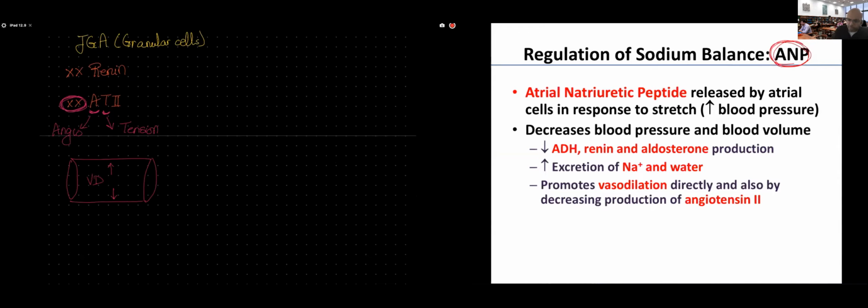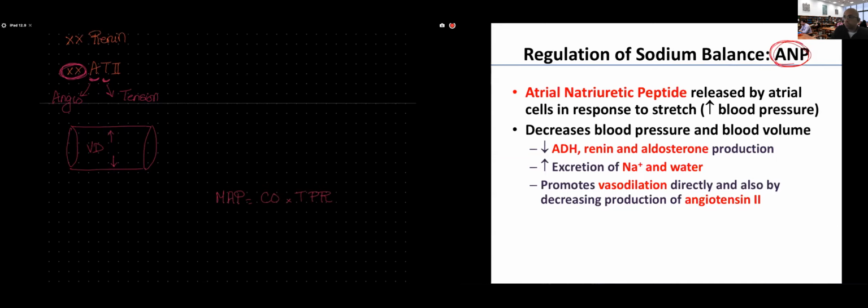And if you remember back in the heart and vascular system, mean arterial pressure was affected by three factors, which are my cardiac output, total peripheral resistance, and blood volume. So when you dilate the arterioles, what's going to happen here? You're going to have a drop in your total peripheral resistance.